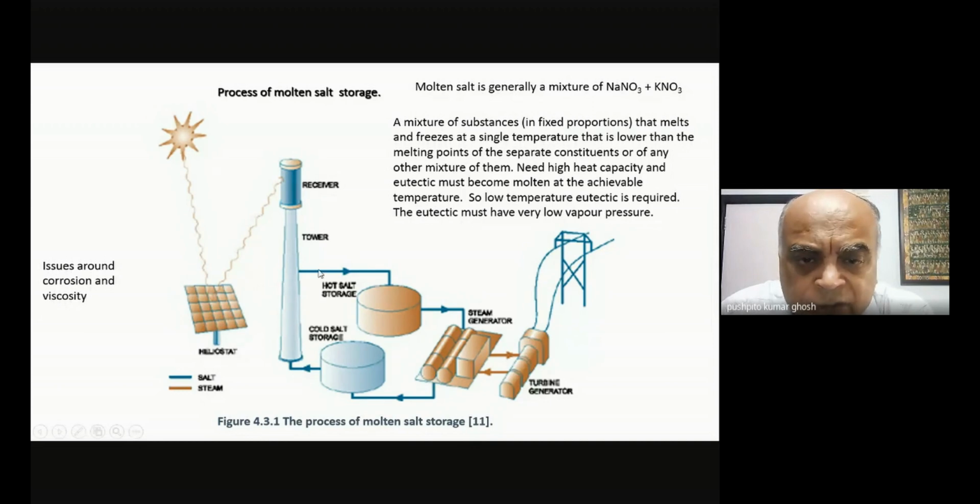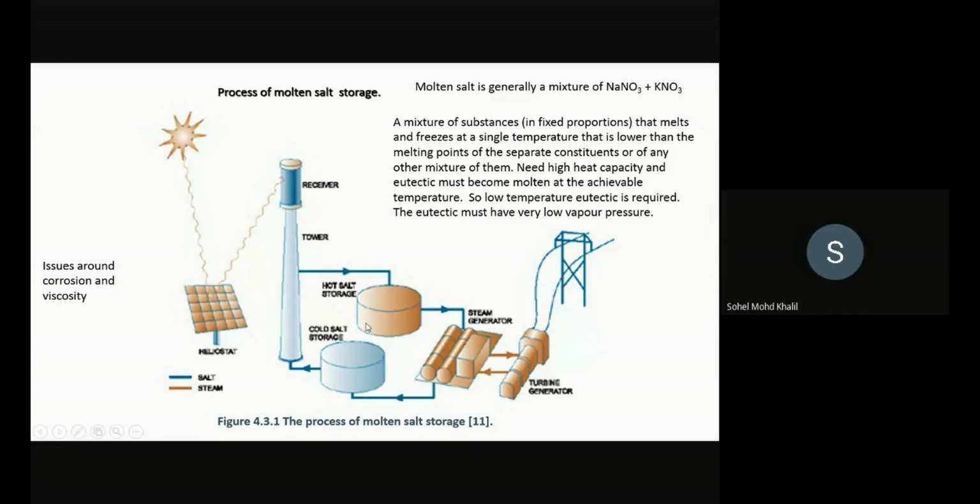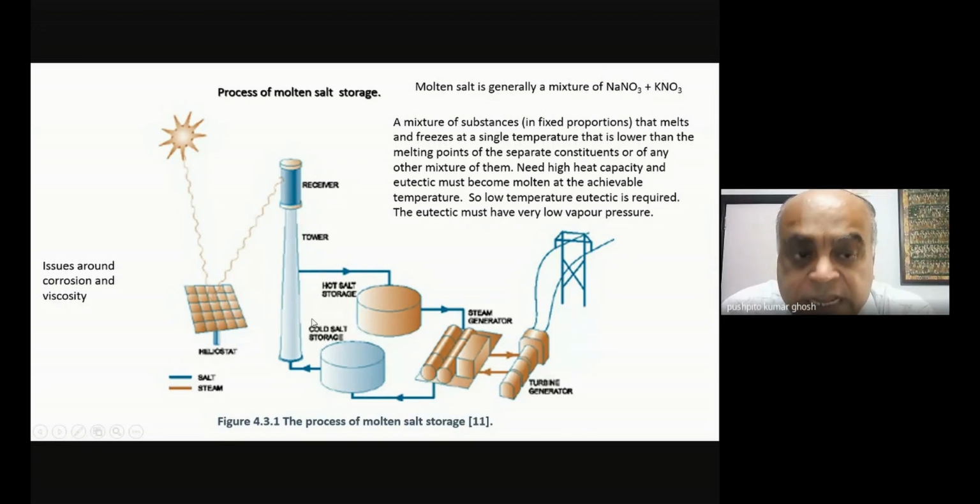Now, these are the important properties. One is that it must be molten, otherwise I can't circulate it. Second is that it cannot have an excessively high viscosity.